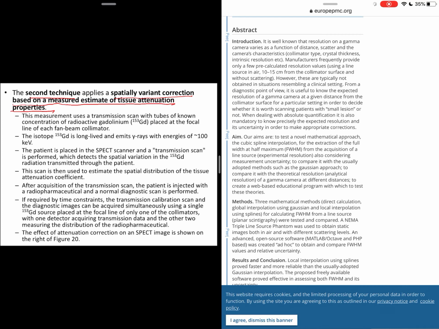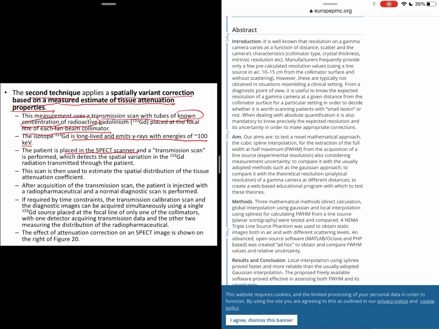The second technique applies a spatially variant correction based on the measured estimation of tissue attenuation properties. This measurement uses a transmission scan with tubes of known concentration of radioactivity, placed at the focal line of each fan beam collimator.